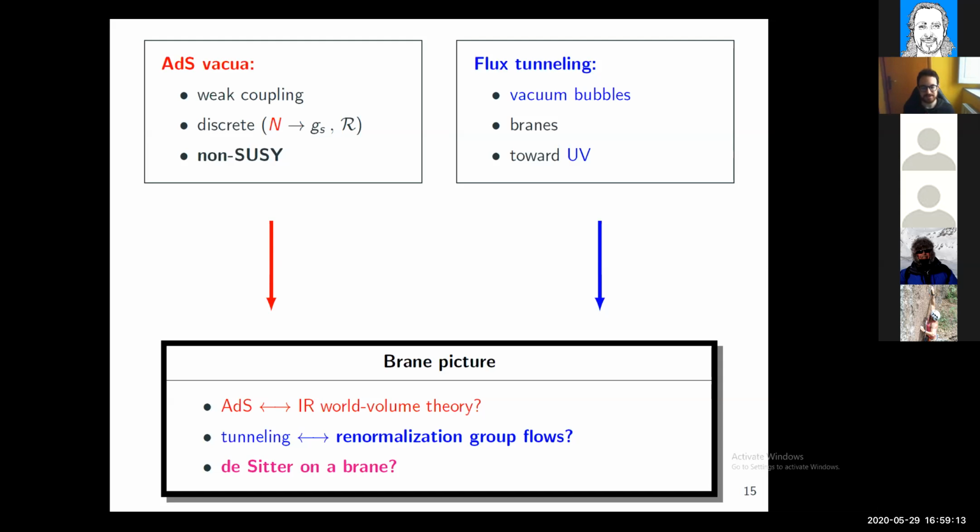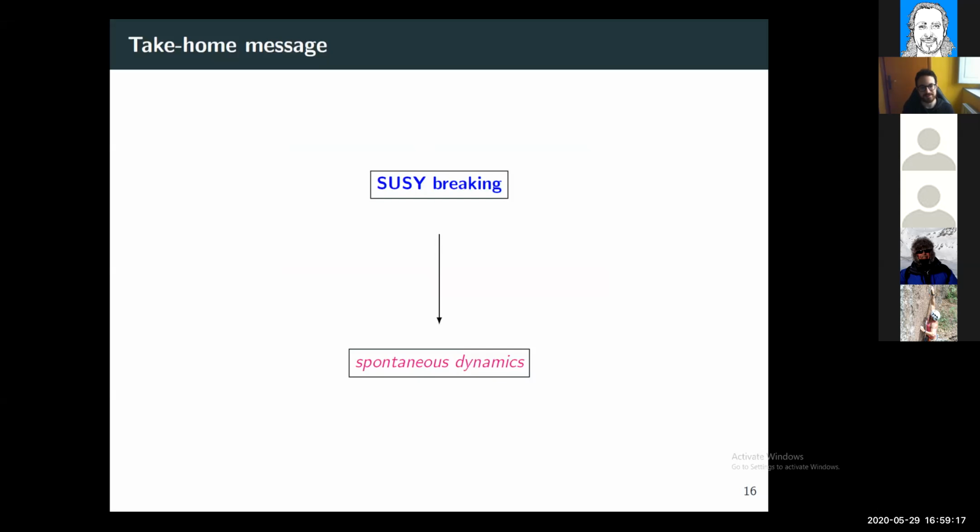And it appears to us that the key take-home message here is that breaking supersymmetry, either through instabilities or through this natural appearance of cosmological solutions, of inflationary type solutions, SUSY breaking naturally leads to dynamics. It's hard to break supersymmetry and keep things still, much like in KKLT scenarios and the like.